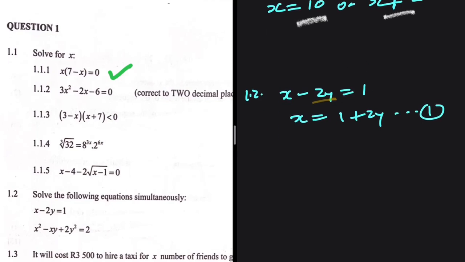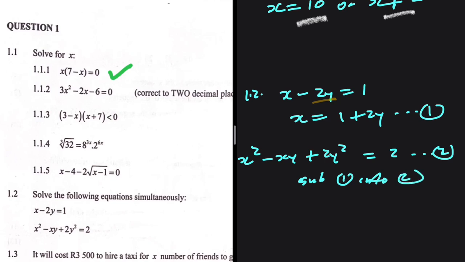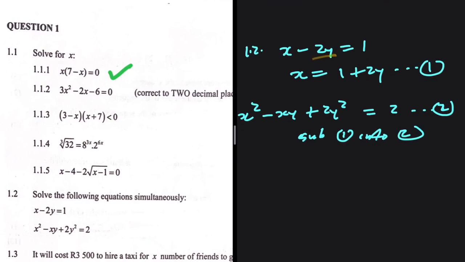And then the other equation, we have x squared minus xy plus 2y squared being equals to 2. So I'm going to substitute. I can call this equation 2 and say that I'm substituting equation 1 into equation 2. So that will look like the following. In place of x squared, I have 1 plus 2y squared minus, in place of x, 1 plus 2y multiplied by y plus 2y squared being equals to 2.